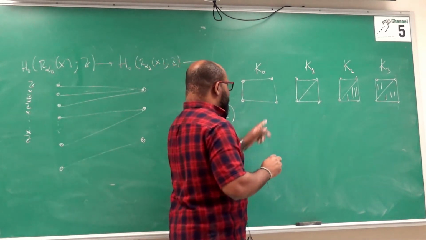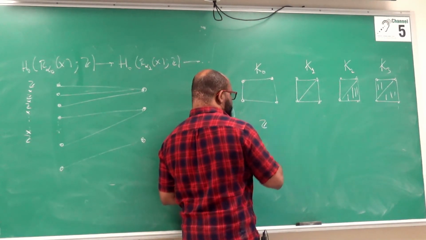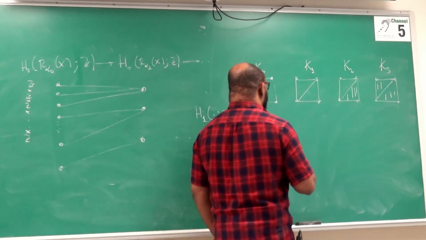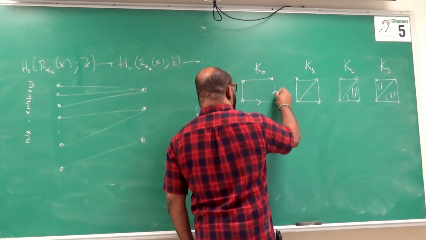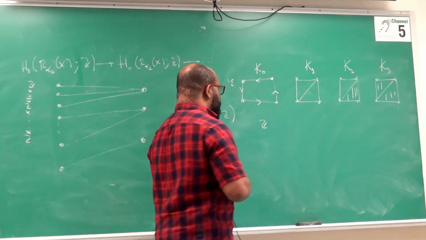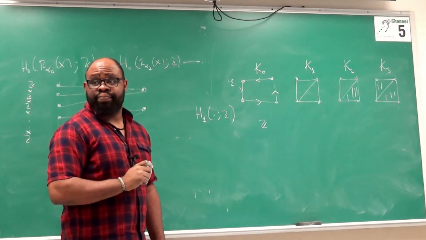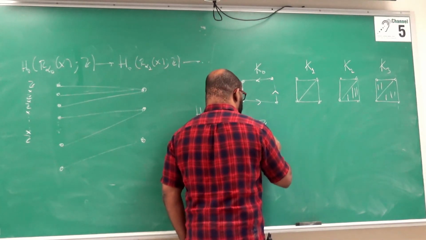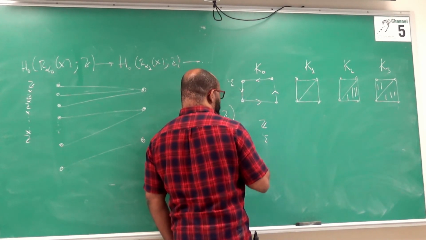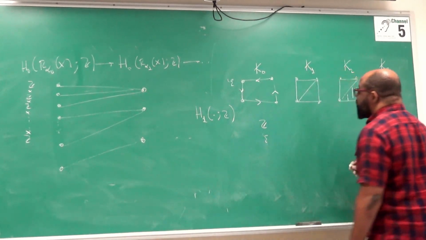So here I should get Z, okay? And it's going to be generated by this cycle zeta. I think that's clear enough.